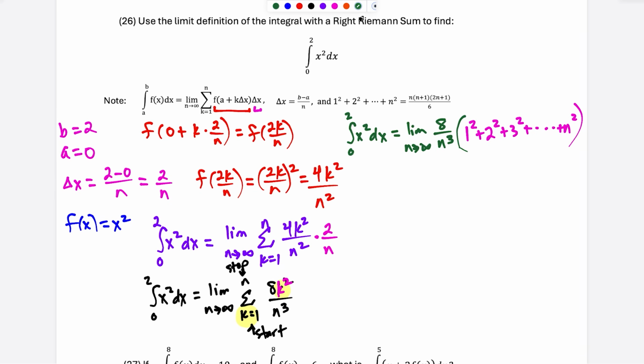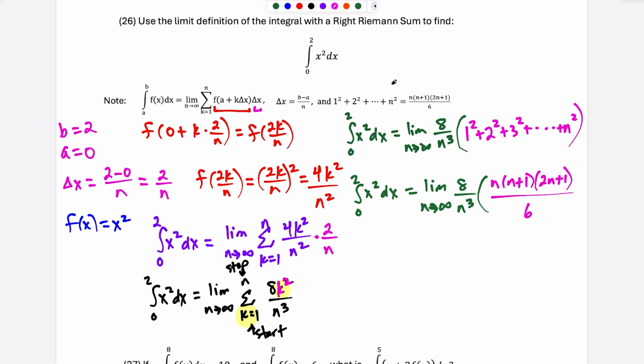So now I could say that the integral from 0 to 2 of x squared dx is equal to the limit as n goes to infinity of 8 over n to the third times, and now the stuff in pink, I could substitute and write n times n plus 1 times 2n plus 1, and then all of this divided by 6. Okay, so now this will start to simplify.